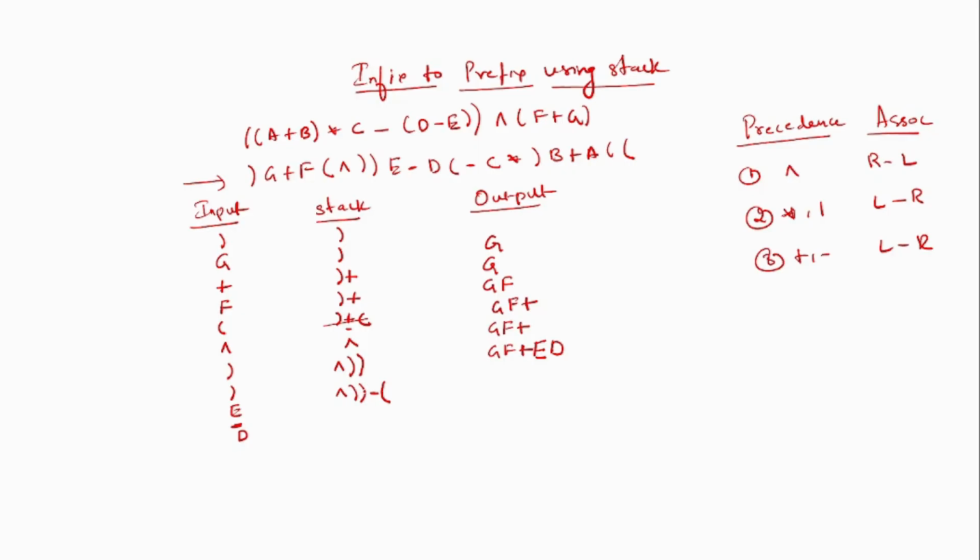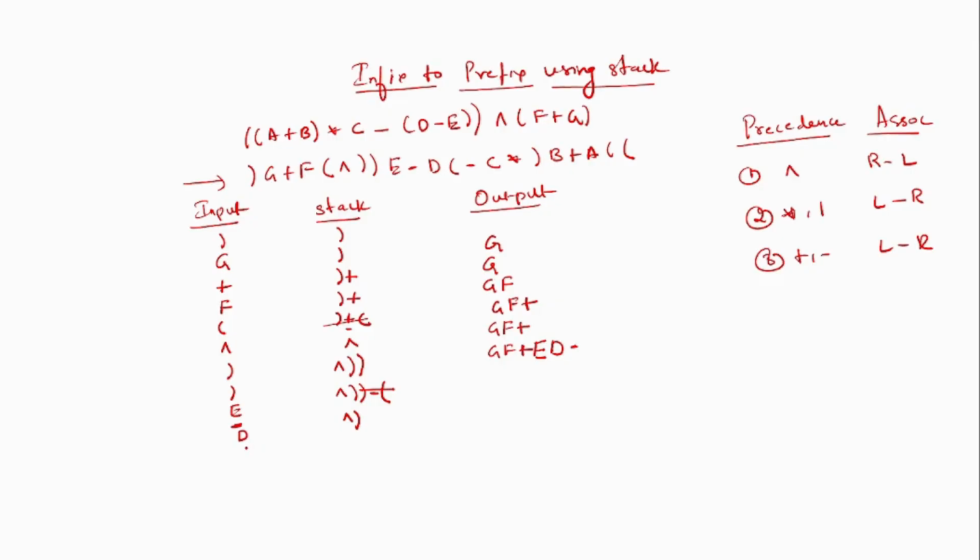So here this whole close parenthesis and open parenthesis will go out, right? So the only thing that is left is exponential, close parenthesis and minus will be popped out. We have seen E minus D, right? E minus D, and then open parenthesis here, right?